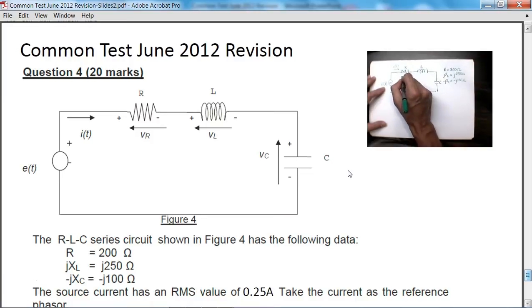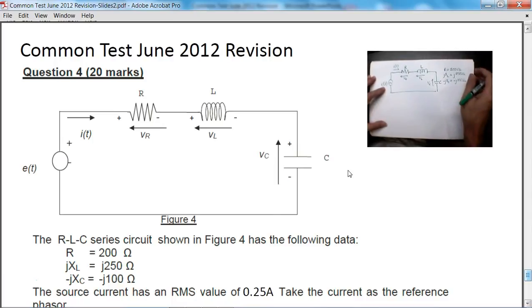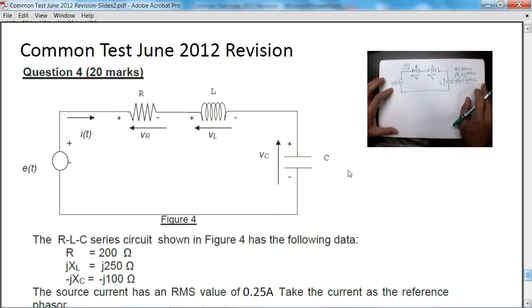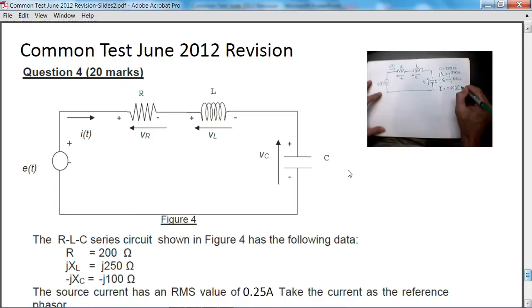And we have the voltage across the resistor, VR, the voltage across the inductor, VL, and the voltage across the capacitor, VC. Now, we are also told that the current, the I RMS, is 0.25 amps. Since that is the reference current, I shall give this the 0-degree reference.